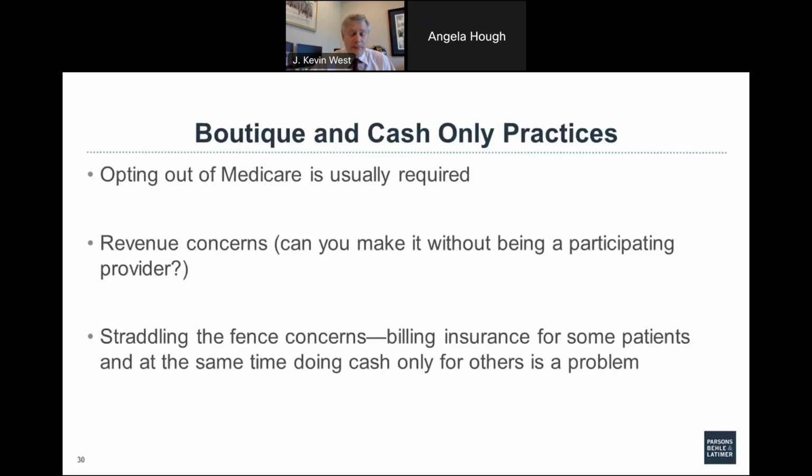So I usually tell my clients, if they're thinking of this, you've got to go either one way or the other. You cannot play on both sides of the fence in terms of billing.